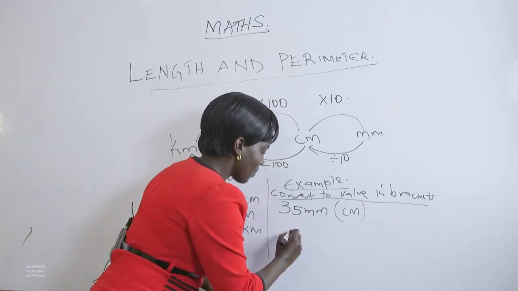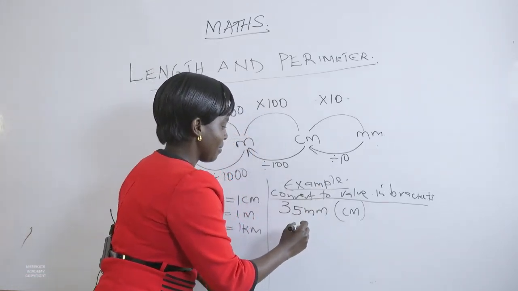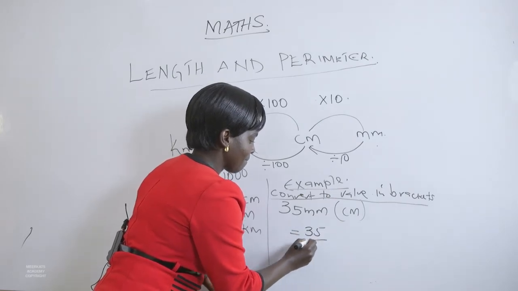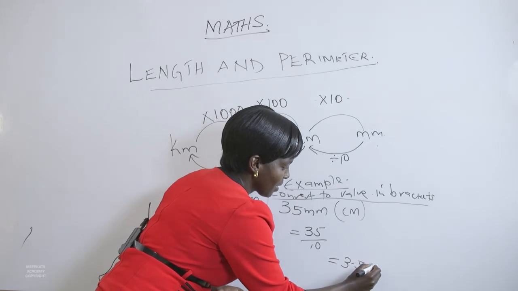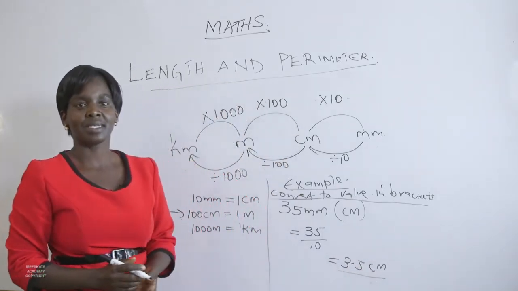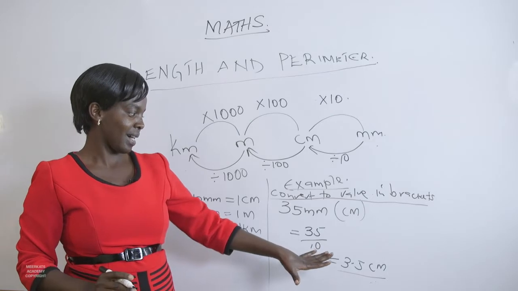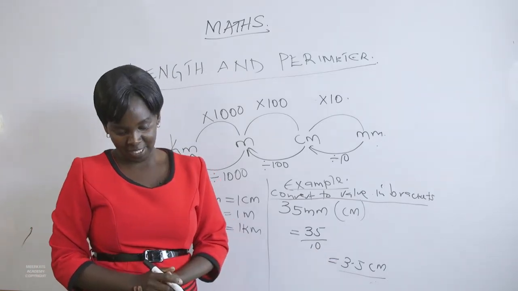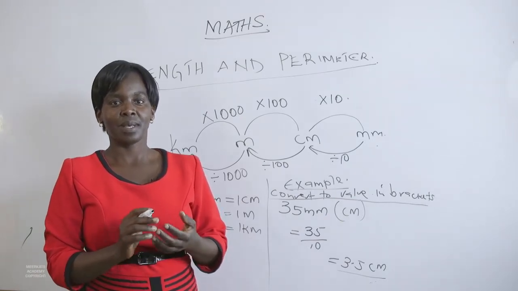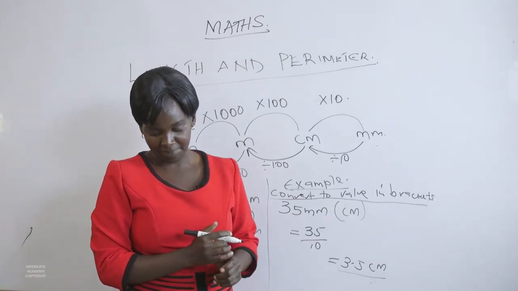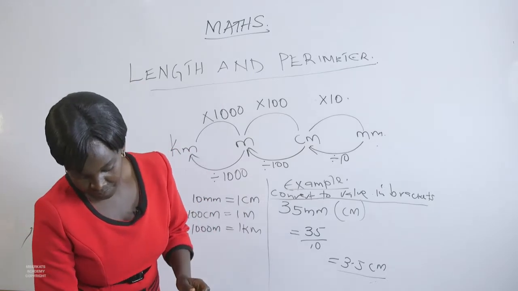So here we are going to divide by 10, and we shall have the value 3.5 centimeters. So we have our answer. The answer is 3.5 centimeters. That is converting length measurements from one unit to the other.